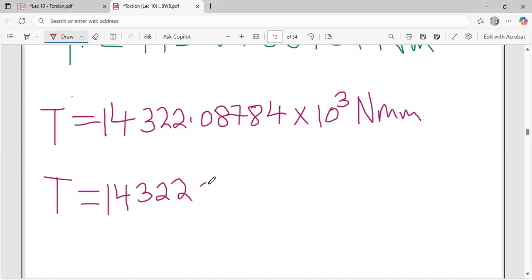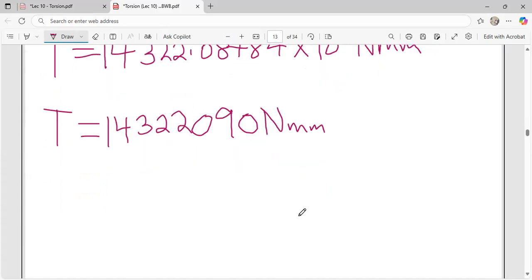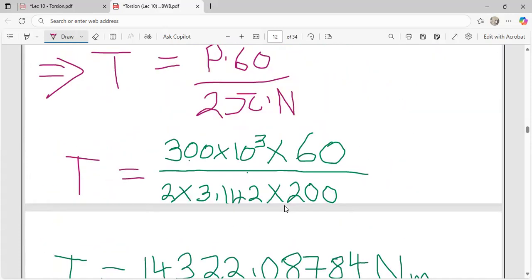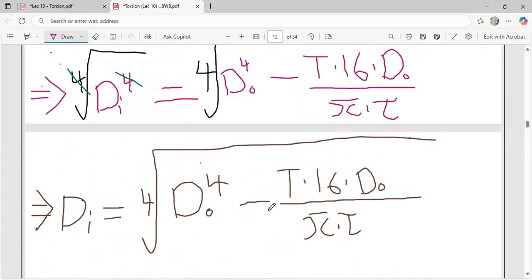The exponents of the tens are going to shift the zeros, and we're going to get 14322.090 Newton mm.